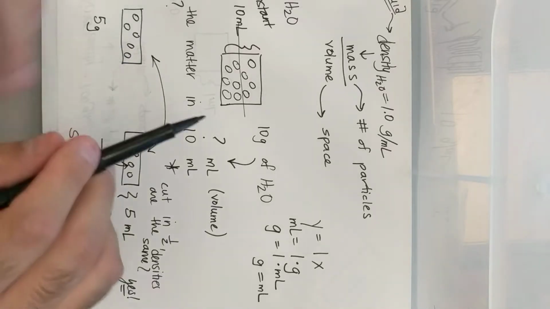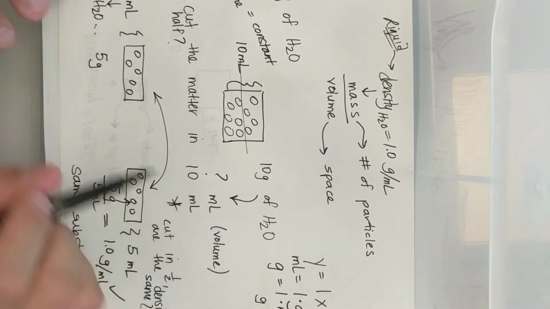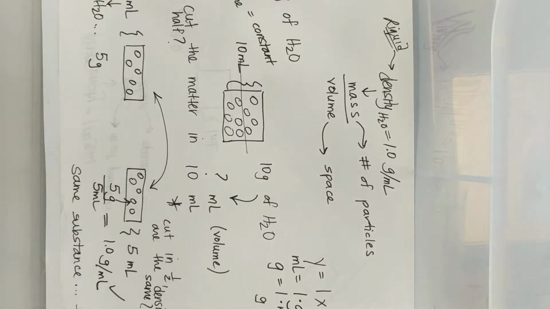If I cut that matter in half, I have to make sure that the distribution of that matter is the same distribution as the density tells me. My density tells me that for every 1 gram, I should have 1 milliliter. So if I cut that in half, I should have 5 milliliters, which is going to be 5 grams. And 5 grams per 5 milliliters means the same density of 1 gram per milliliter.